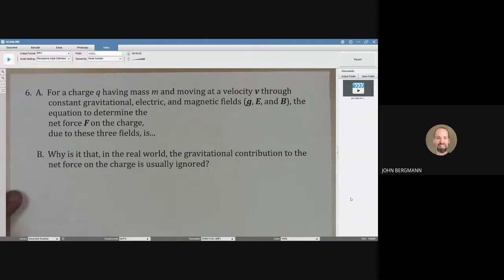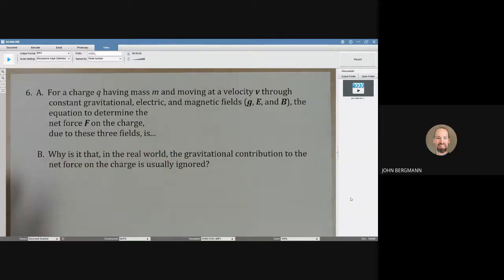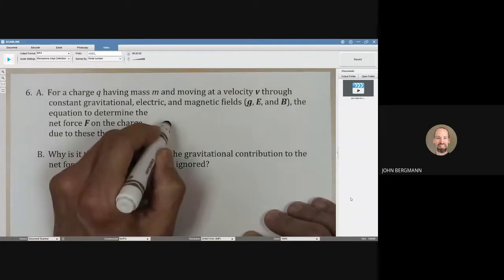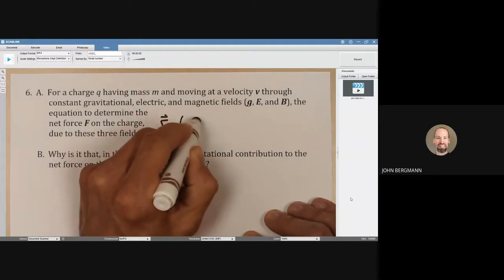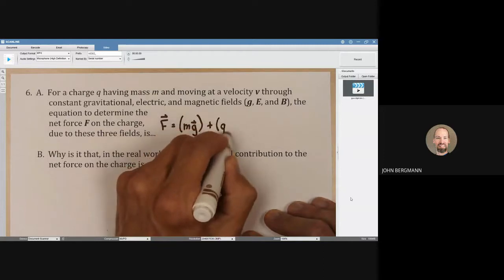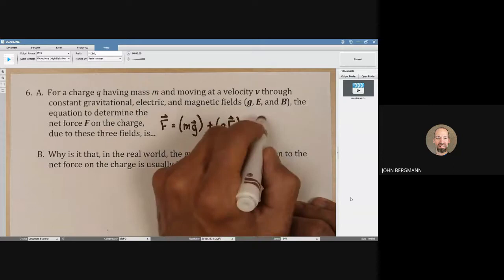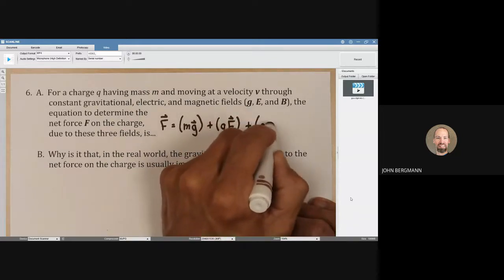For a charge q having mass m and moving at a velocity v through constant gravitational, electric, and magnetic fields, the equation to determine the net force on the charge due to these fields is basically there's a gravitational force component, there is an electric force component, and then there is a magnetic force component.